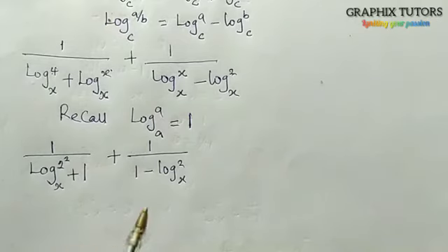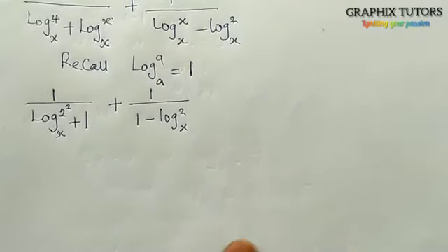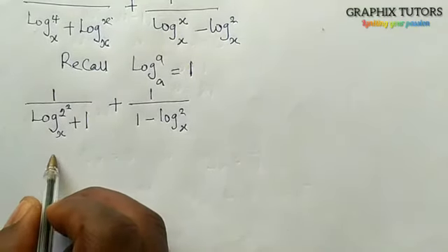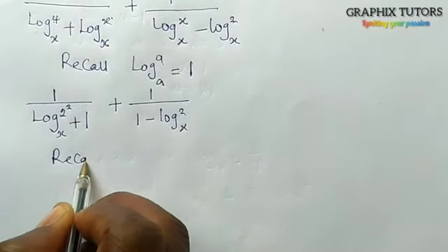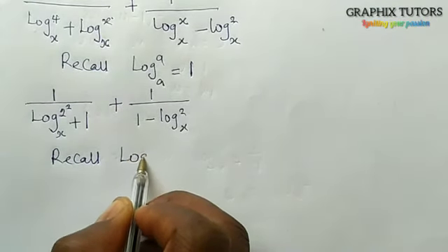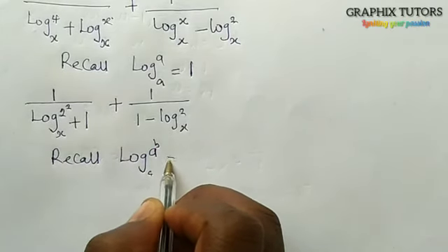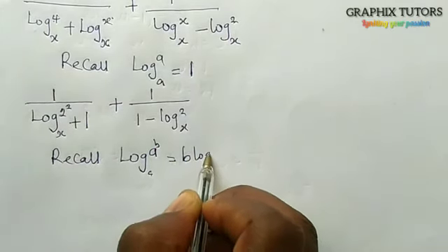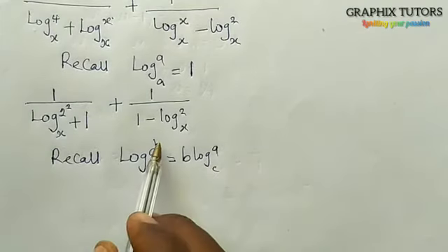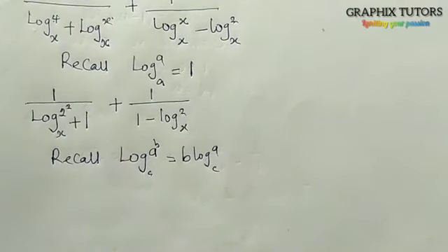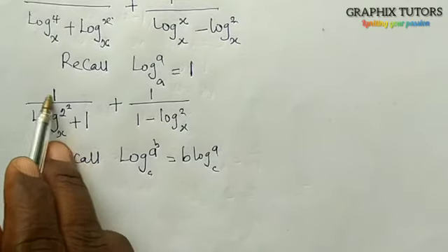Now there's a law also that says, recall, if you have log A to the power B to base C, it will give me B log A to base C. The power will come in front of the log, so meaning this 2 will come in front of the log.